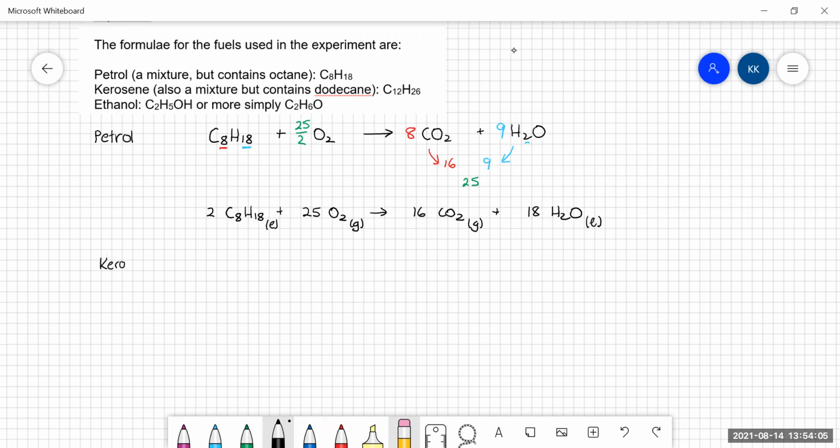So I want you to pause the video and have a go at balancing the equation for kerosene, which is C12H26. Remember, combustion is reaction with oxygen. It's complete combustion, so we get carbon dioxide and water as our products. Now, pause the video and balance that one. No, I mean pause the video and actually do it.